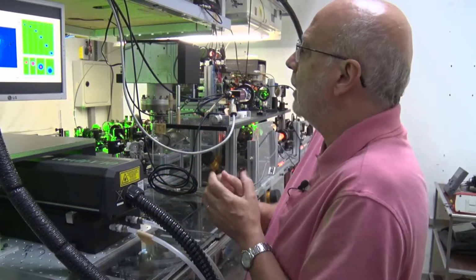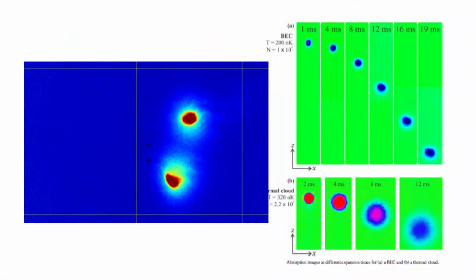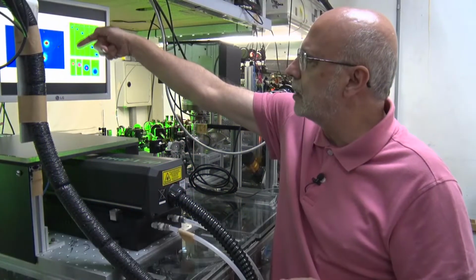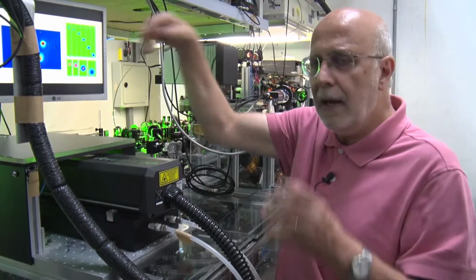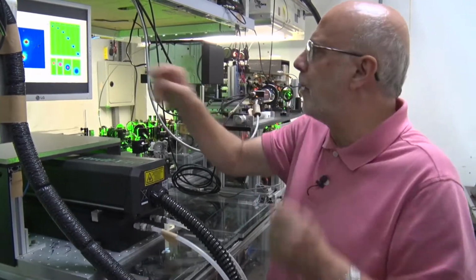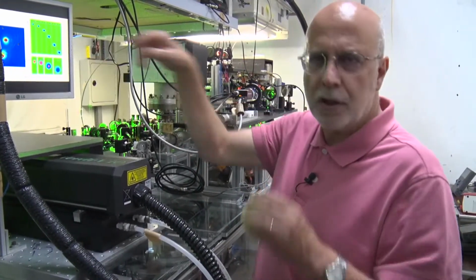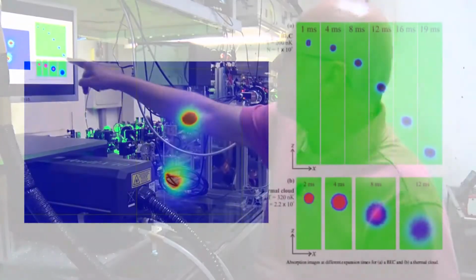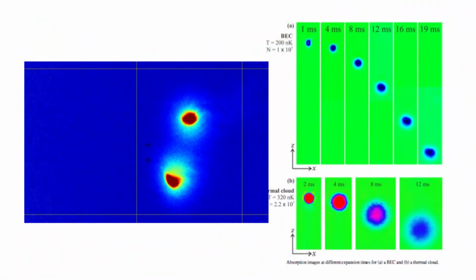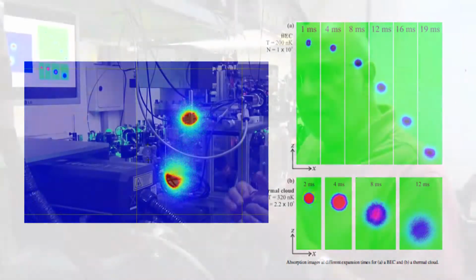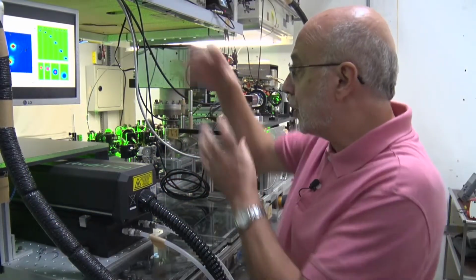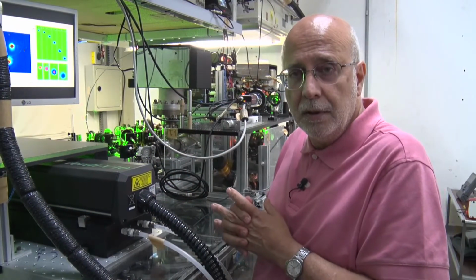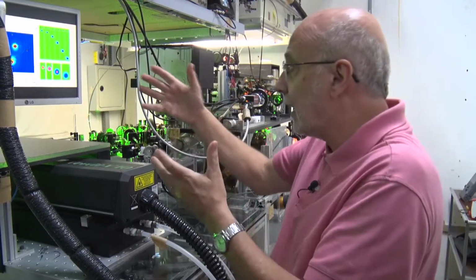When we start, we have a cigar-type shape, but the long axis of the cigar is in the vertical position. As the cloud expands, there is an inversion, and the long axis is now horizontal. So there is an inversion of the shape of the condensate, or the shape of the cloud.